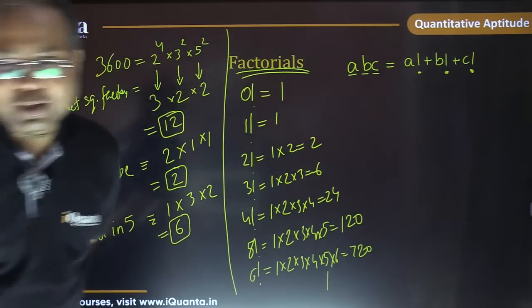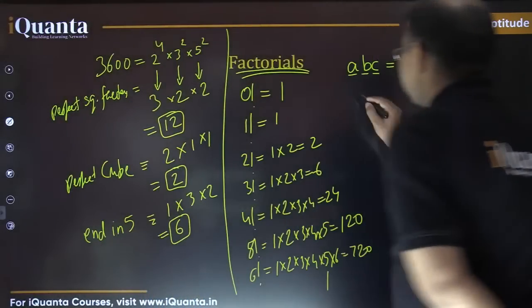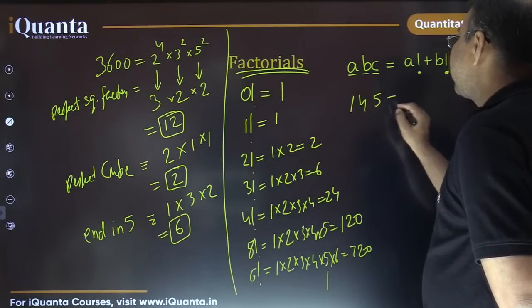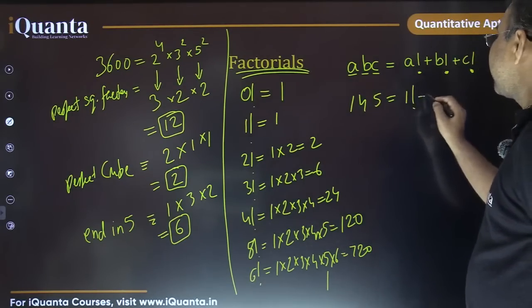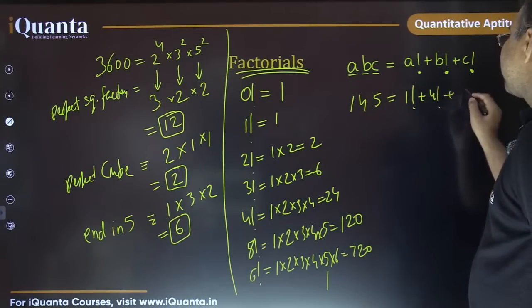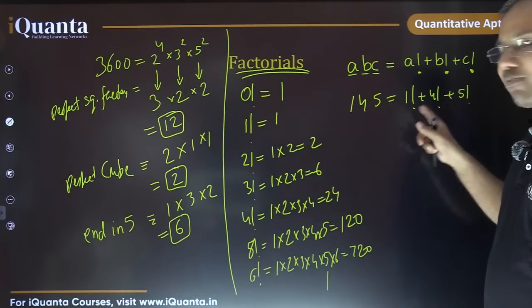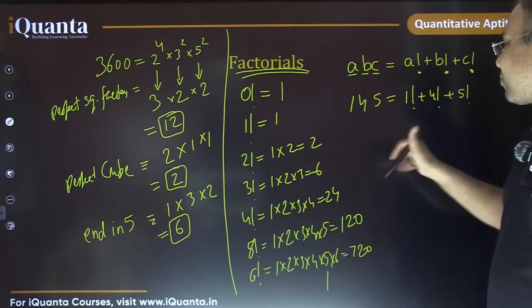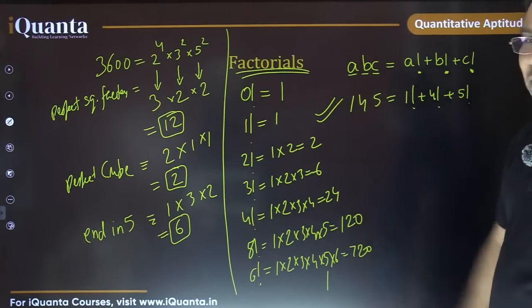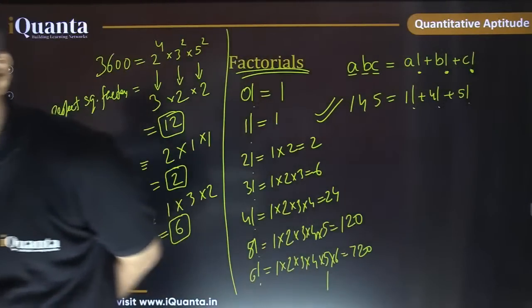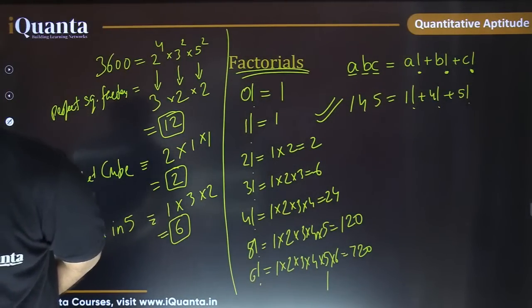Yes, that's the correct answer. It's 145. So 145, we can easily verify. It's 1 factorial plus 4 factorial plus 5 factorial. 5 factorial is 120. 120 plus 24 makes it 144 plus 1, that is 145. So this is the only such number. Good, Mahi. It's fine.